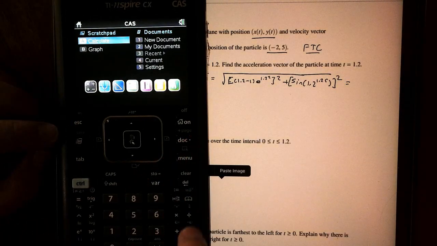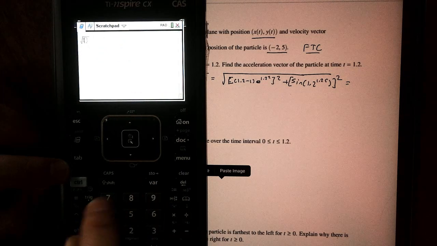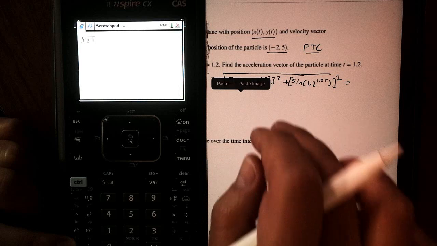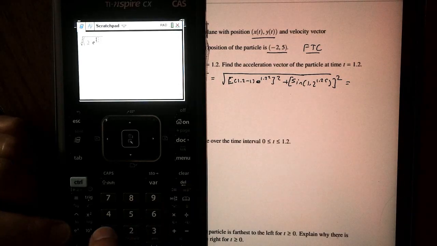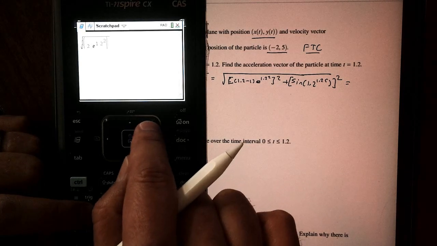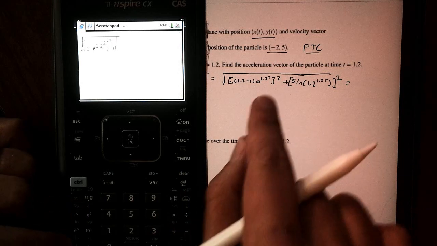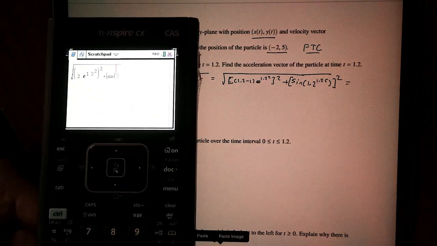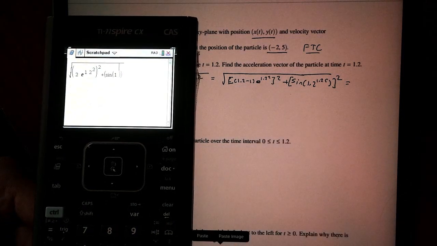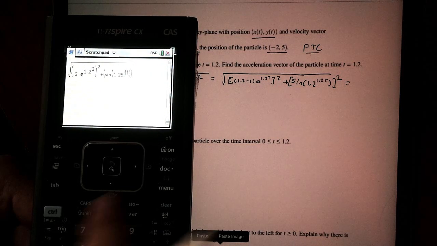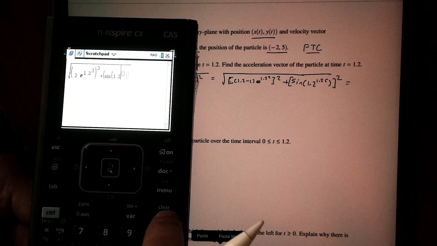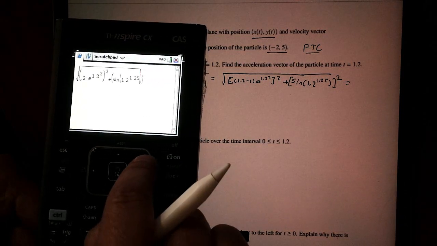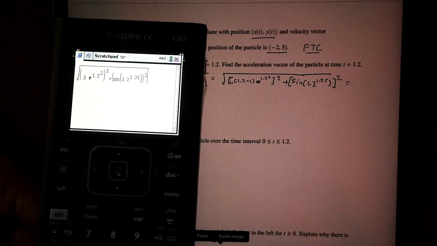Here's my trusty calculator. When I type this in, it's going to be the square root of, open up a parenthesis here, 0.2 times e to the 1.2 squared, square that, plus, open up another parenthesis, sine of 1.2 to the 1.25, square that, and if I press enter, we should get our answer.